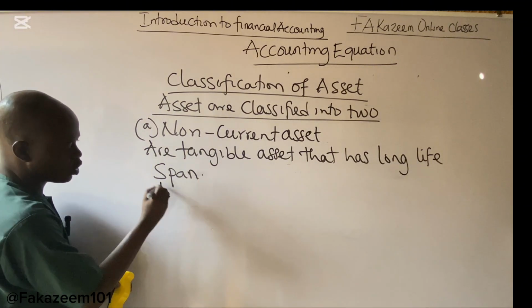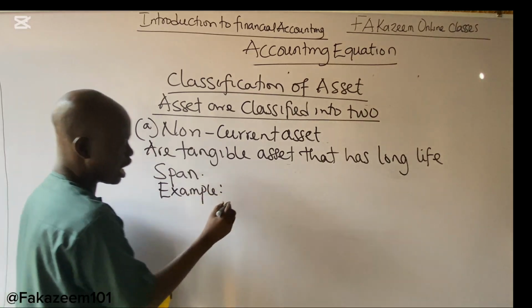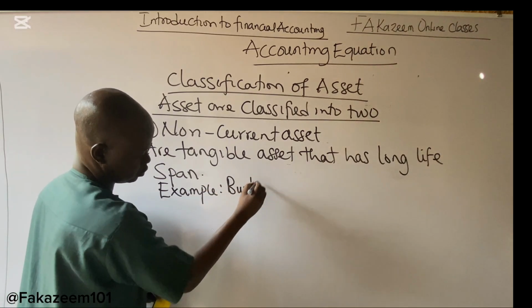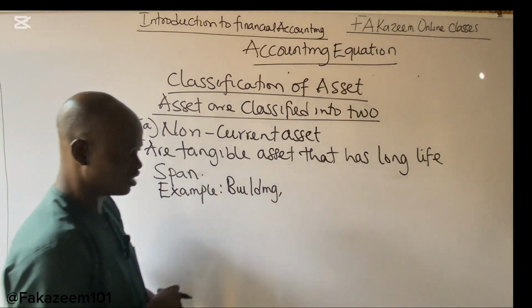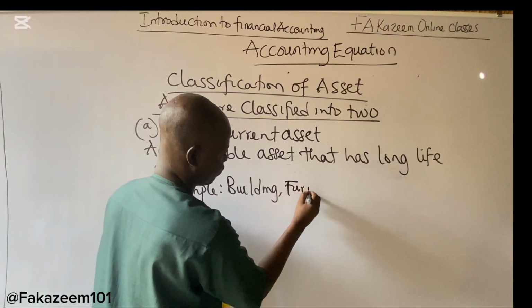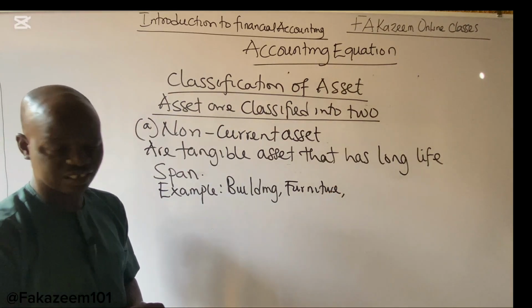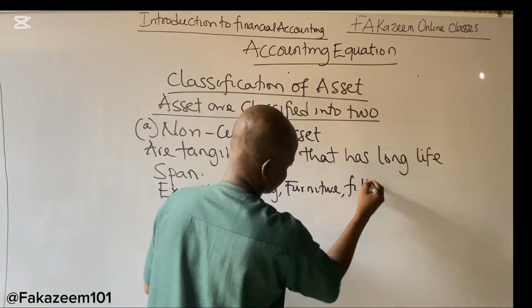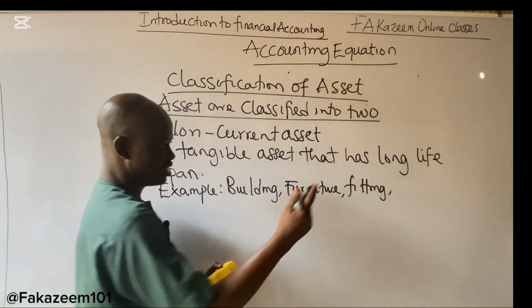Examples of non-current assets. Examples are building, is an example of non-current asset. Furniture is an example of non-current asset. Fittings is an example of non-current asset.